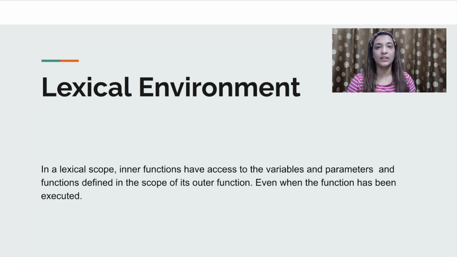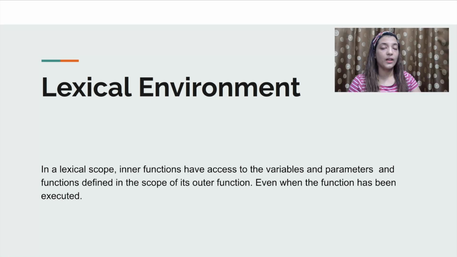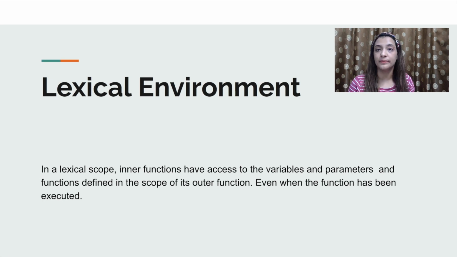Then there is a special type of scope, that is lexical scope. So what is lexical scope? According to the definition, in a lexical scope, the inner function has access to the variables and parameters defined in the scope of its outer function.